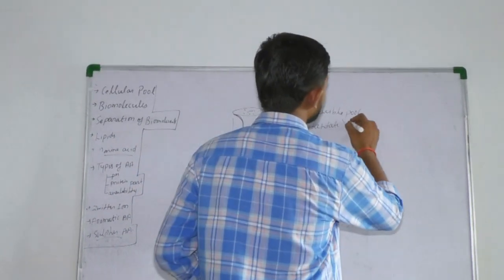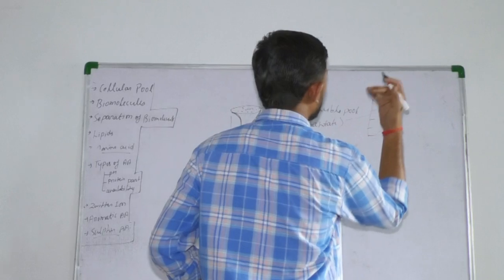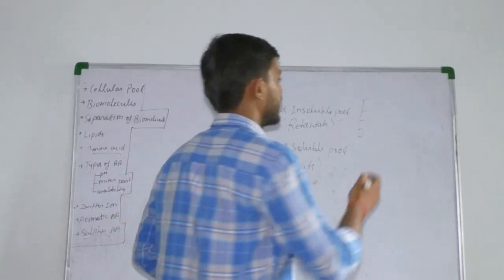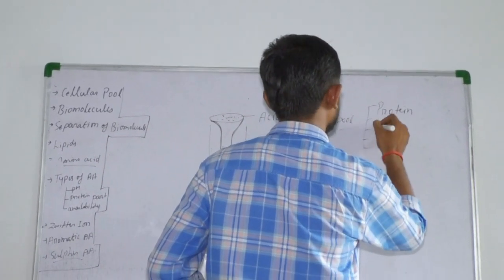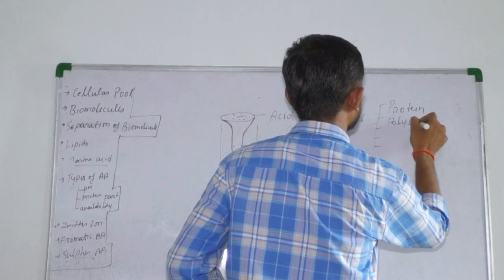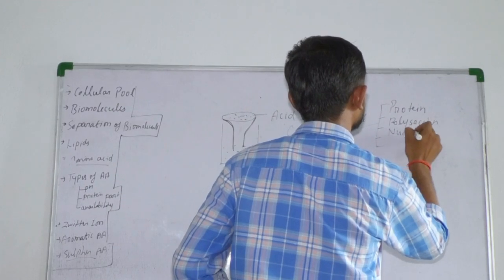In the acid insoluble pool there are macromolecules, or biomacromolecules, that are proteins, polysaccharides and nucleic acids.